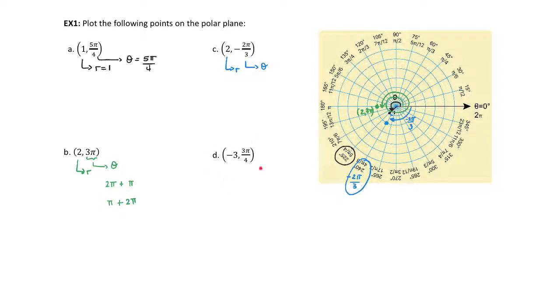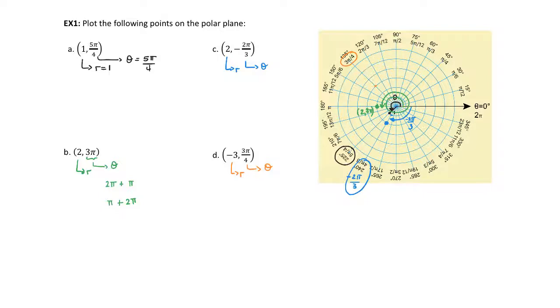Finally, part D. Now we have over here in part D that r is negative 3, and we have that theta is 3 pi over 4. So the first thing that I want to do is to locate 3 pi over 4. Notice right here, this is 3 pi over 4. So if r was positive, I would go 1, 2, 3.